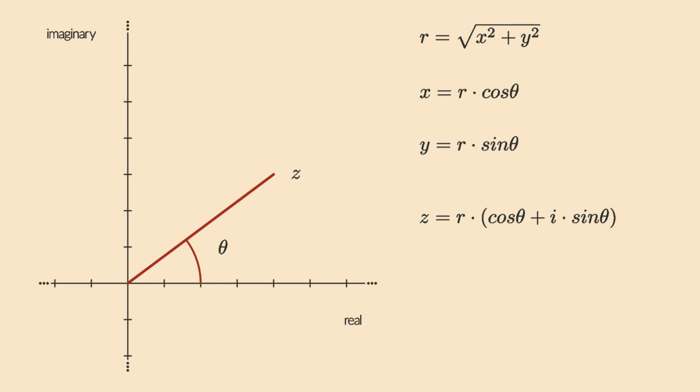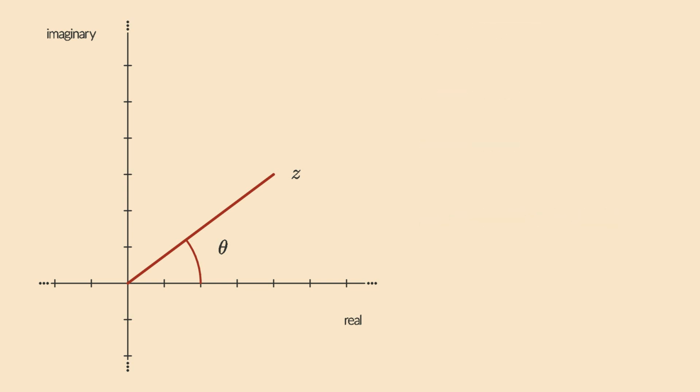The reason we switch to polar coordinates is because they make rotations much easier to express. Complex numbers are all about rotations in the plane, so we want to use the coordinate system that makes this as trivial as possible. For example, you can easily do a rotation by 90 degrees by just increasing the angle of your complex number by 90 degrees, or pi over 2. Its length stays the same. This makes things a lot easier.